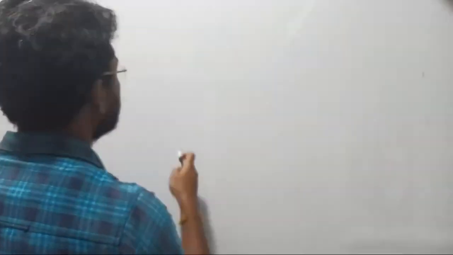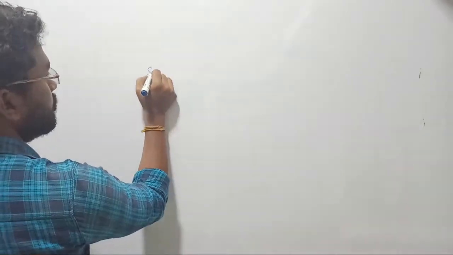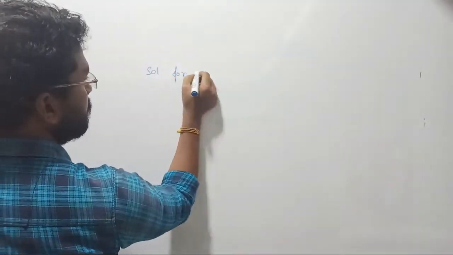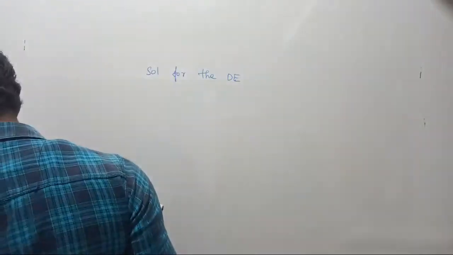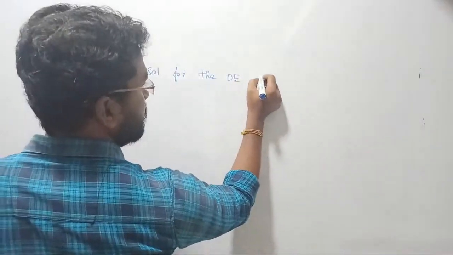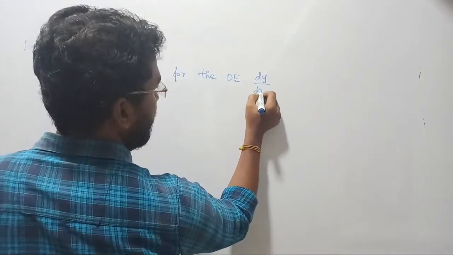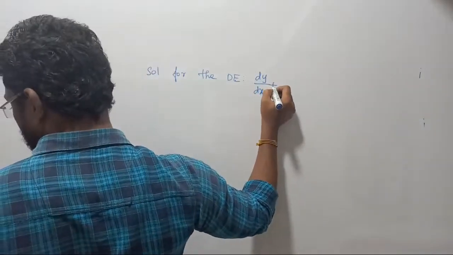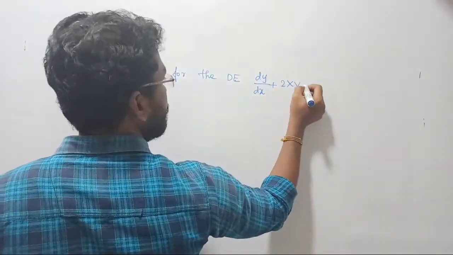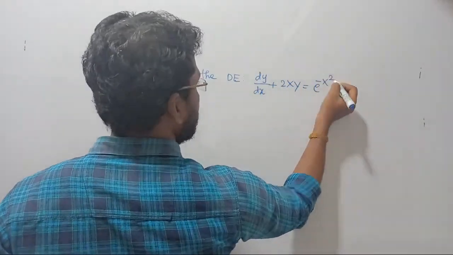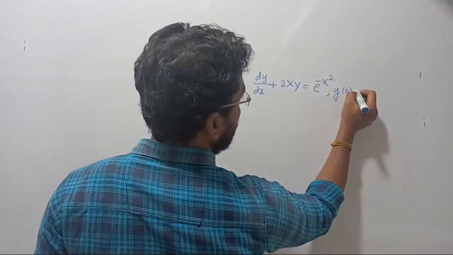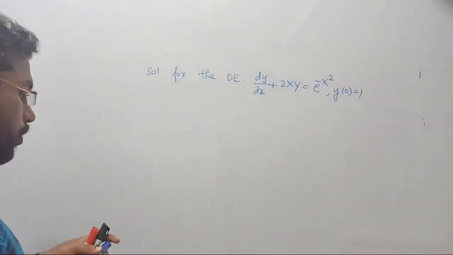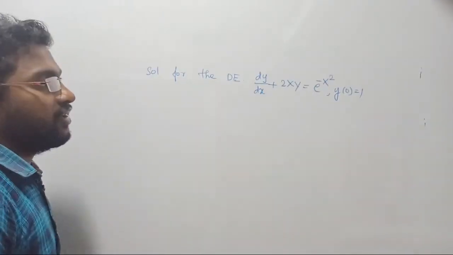The given equation is dy upon dx plus 2xy equal to e power minus x square, whereas given is y of 0 equal to 1. So shall we figure out the answer?